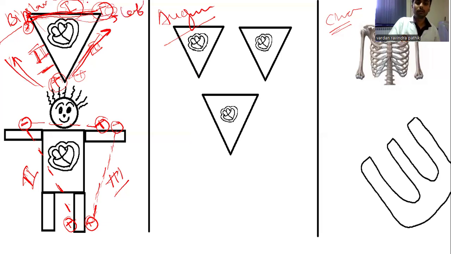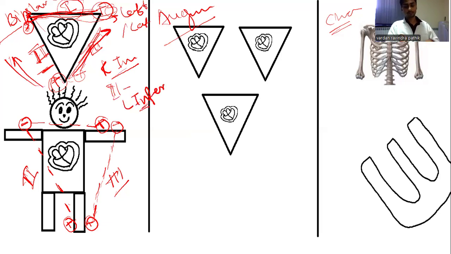Left lateral view of heart. Second lead will give you right inferior view. And again, third lead will give you left inferior view, right? So this is about three leads of bipolar.